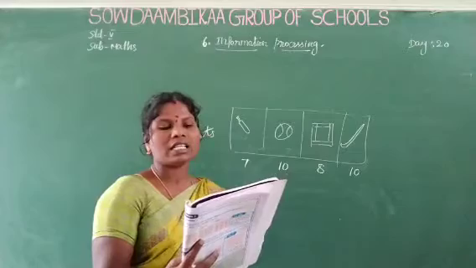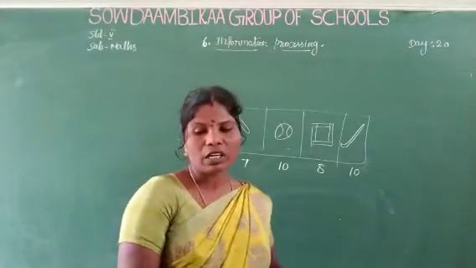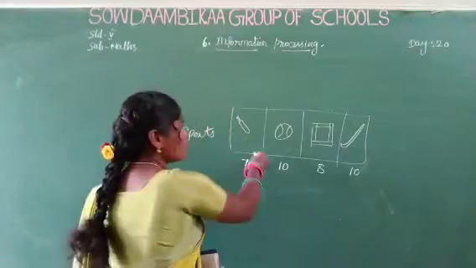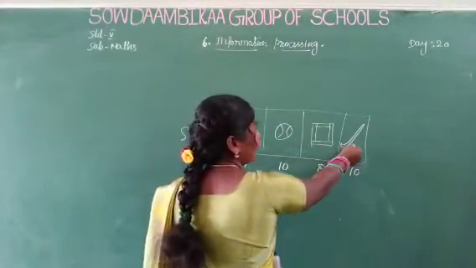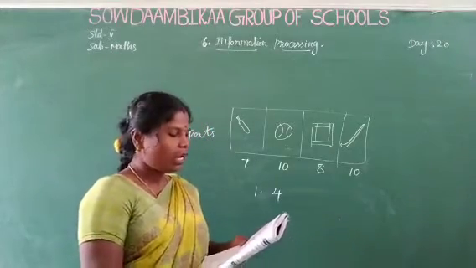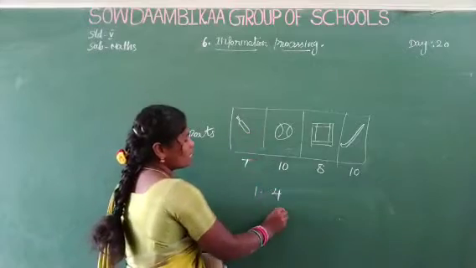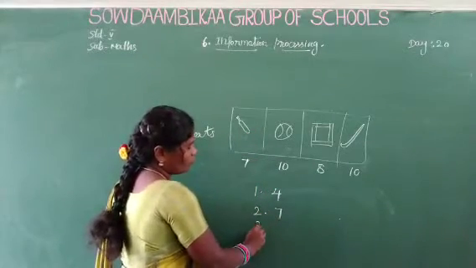Let us know what the teacher asked Dinu. The first question, find the total number of pictures. 1, 2, 3, 4. The first answer, 4 pictures. Next one, how many students like cricket bat? 7.